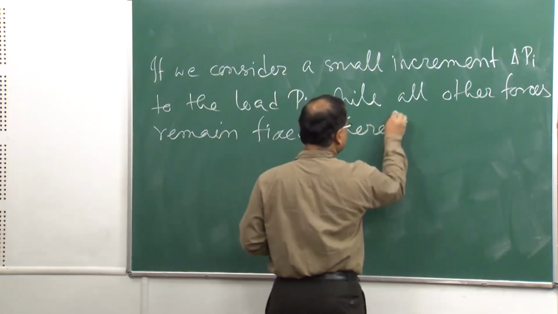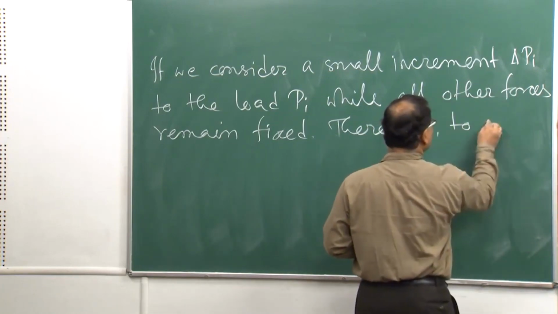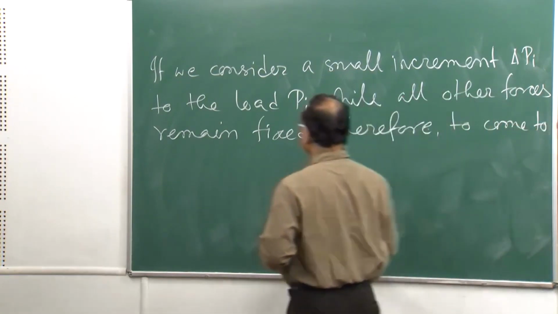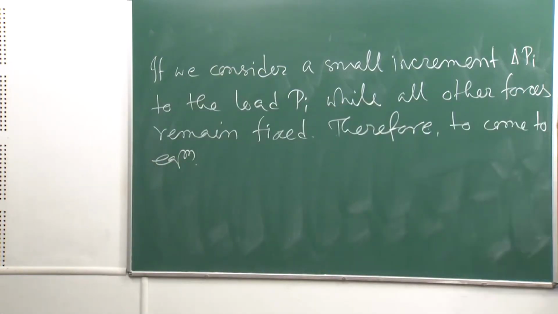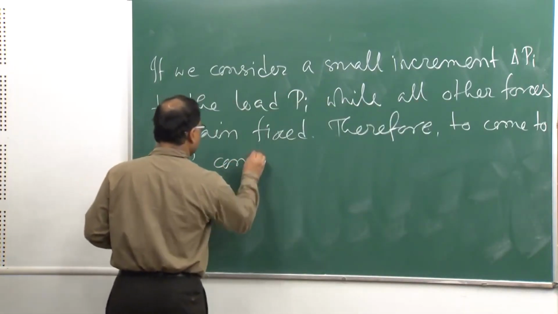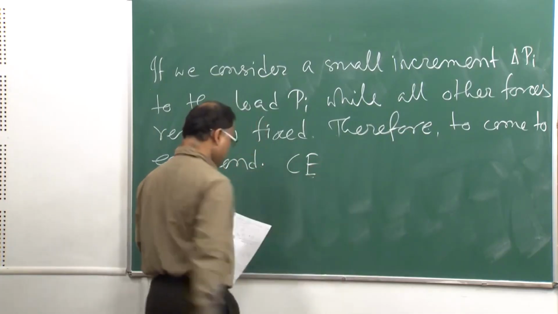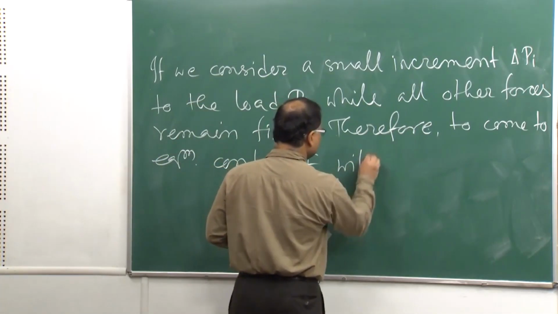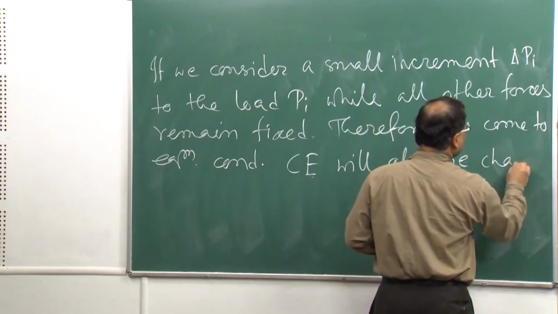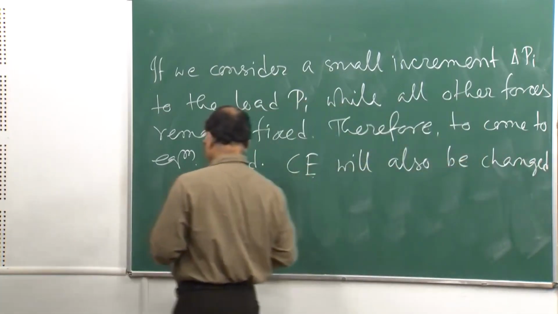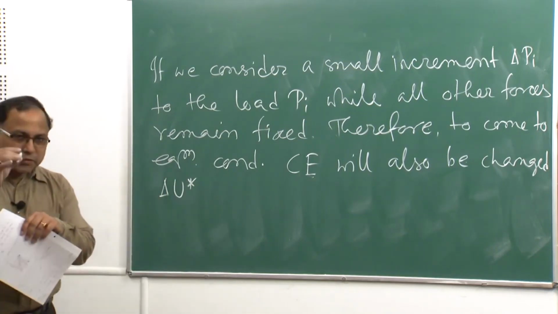Therefore, to come to the equilibrium condition, the complementary energy U star will also be changed by, say, delta U star, because you have given some small increment to Pi.